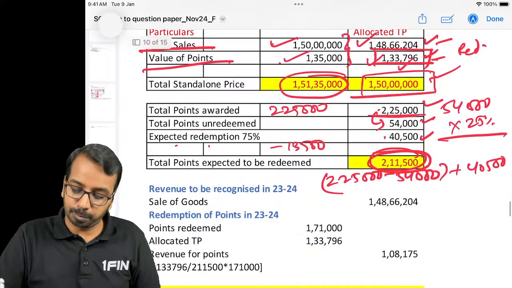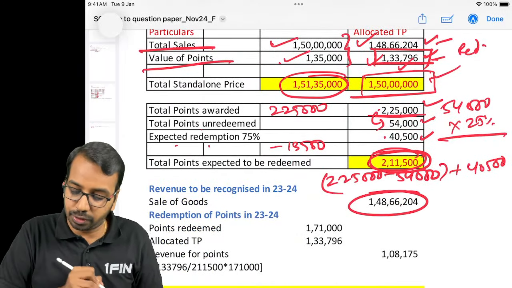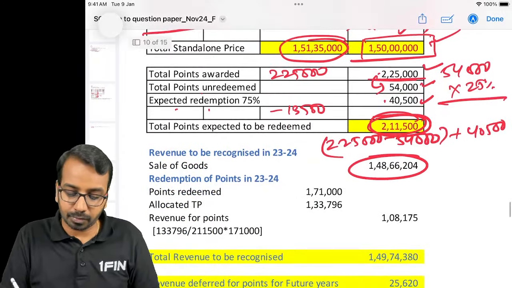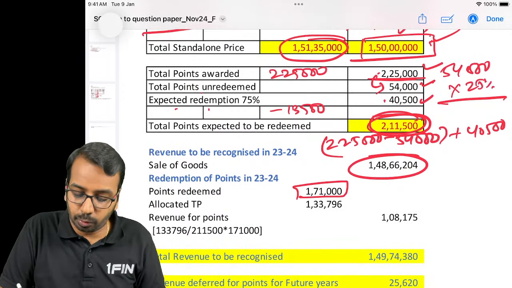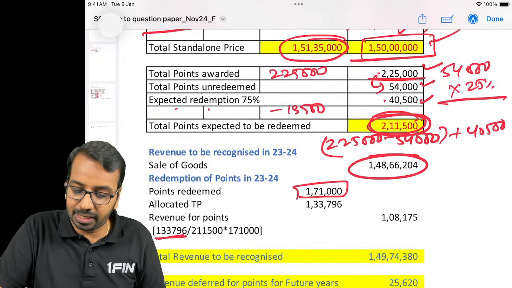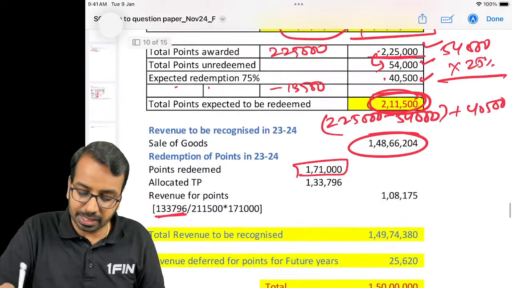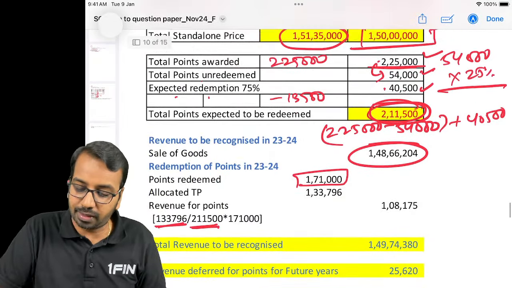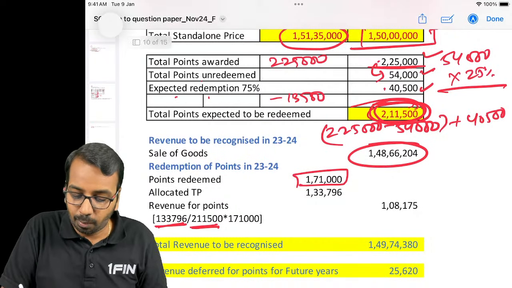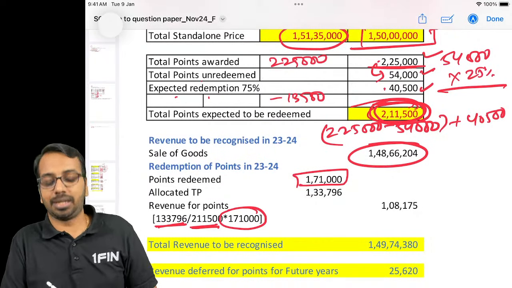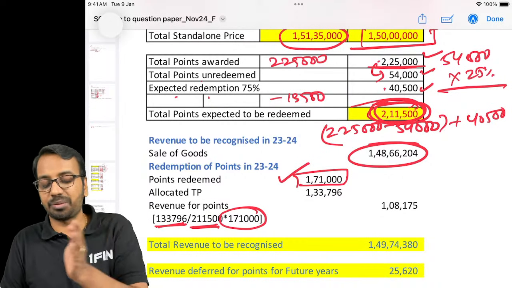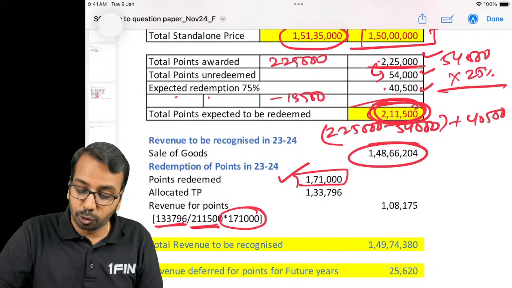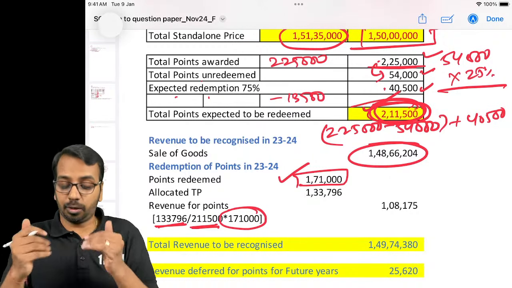Now, in the current year, for sale of goods, you will recognize everything. For the redeemed points, 171, what you will do is 133,796, the allocated transaction price, divided by 2,11,500, total estimated redemption, multiplied by 171, that has been redeemed. So 1,71,000 has been redeemed, and 2,11,500 is the total expected points.